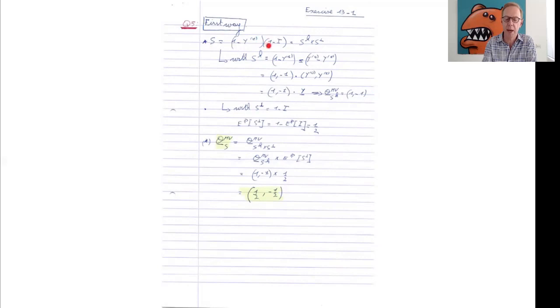The second part, 1 minus I. We know already that I was orthogonal. Then of course also 1 minus I is orthogonal. And the expectation under P of S orthogonal is 1 minus the expectation under P of I, which is 1 over 2. Now we can calculate the mean variance hedge of S. The mean variance hedge of S is the mean variance hedge of S^h multiplied by the expectation of S orthogonal, defined here.